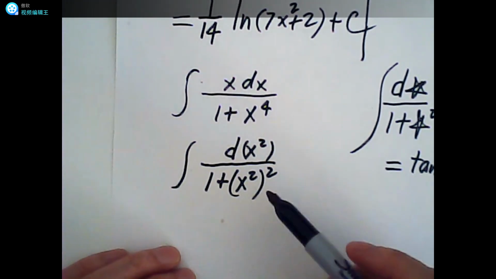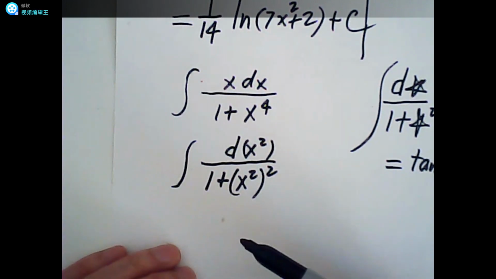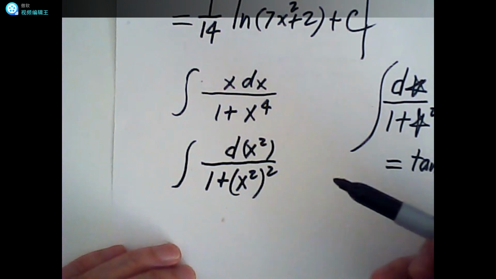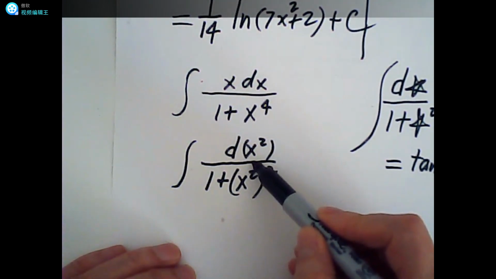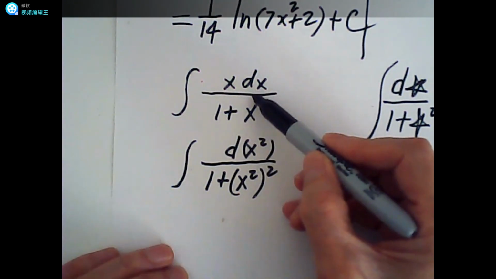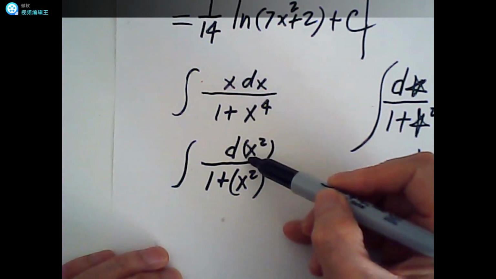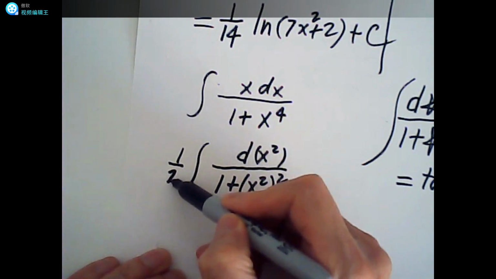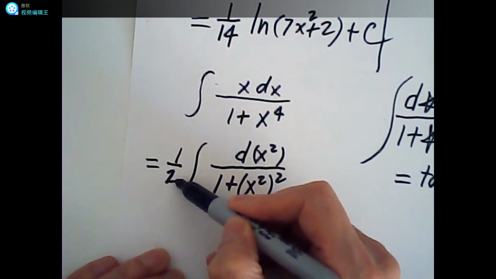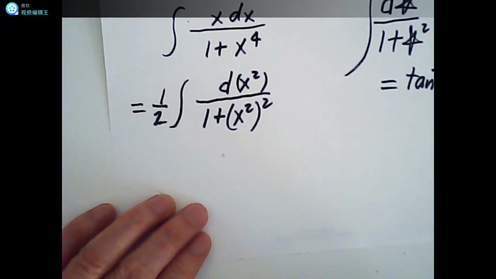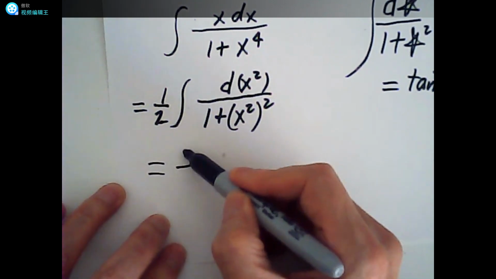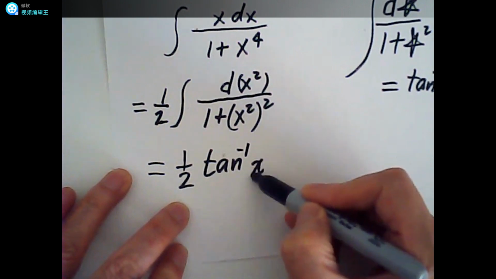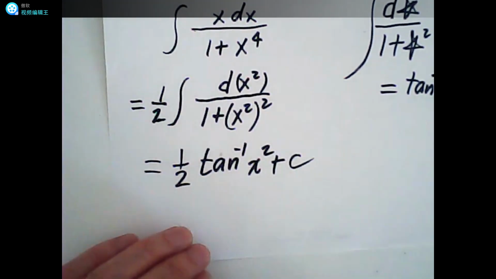But here it's not equal. Now I haven't put the equal sign yet. I try to put the equal sign back. So this one is 2x dx. This is 1x dx. 2x dx versus 1x dx, so multiply by 1/2. Then the equal sign is back, right? So this one is equal to 1/2 arctangent of x squared plus c.